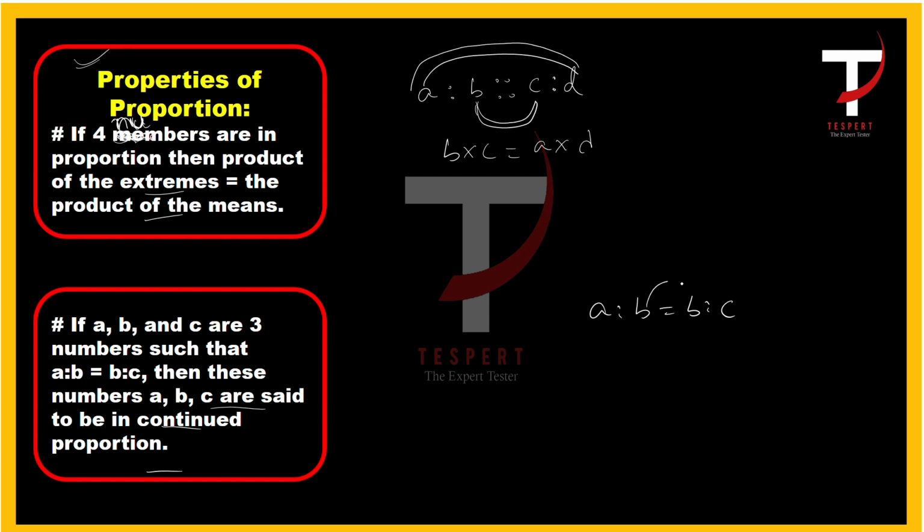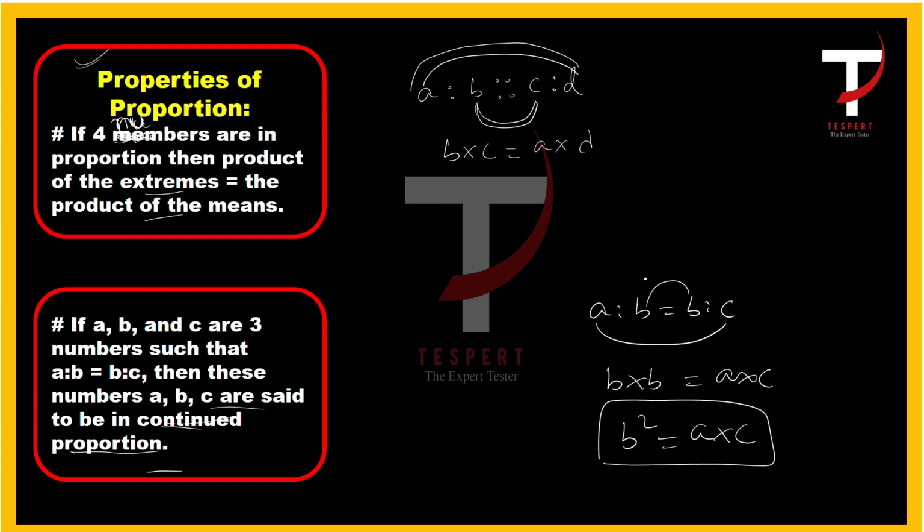B into b and a into c, because product of means is equal to product of extremes. This is a proportion, but a continued proportion. So b square is equal to ac.